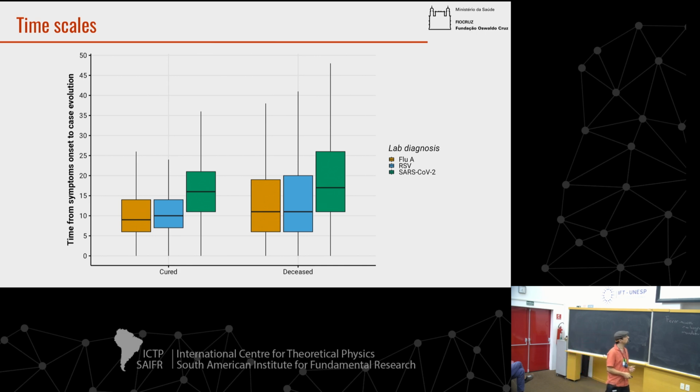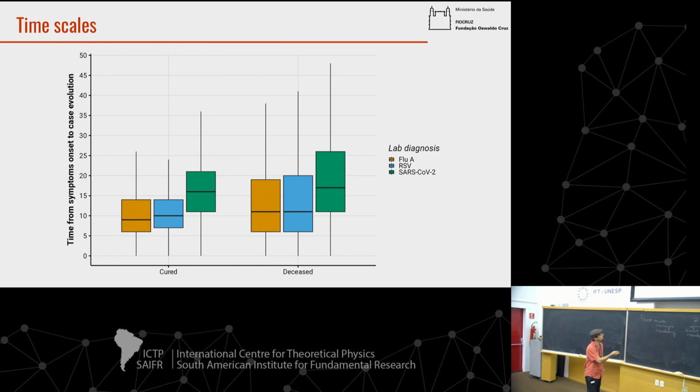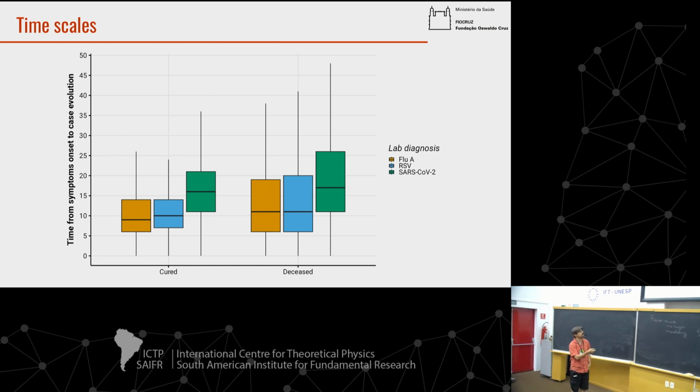But then again, what we know from here is that if I look at my database right now, I cannot use all of the cases that are there to evaluate the lethality associated with that disease. Because some of the cases that have been already notified didn't have enough time to become cured or deceased. Okay?